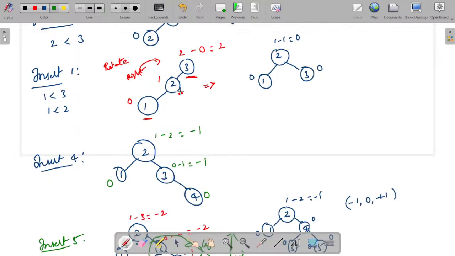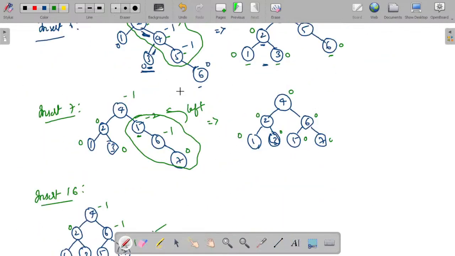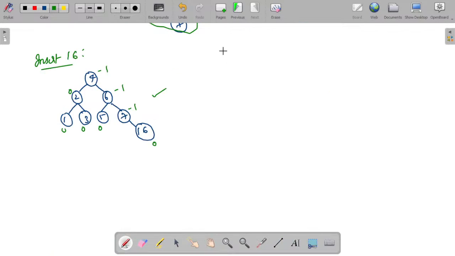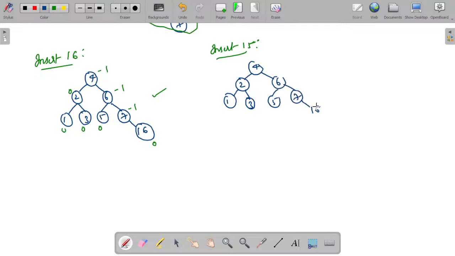After 16 we are inserting 15. So we will insert 15 now. First we will consider the present tree, which is 4, 2, 1, 3, 6, 5, 7 and 16.